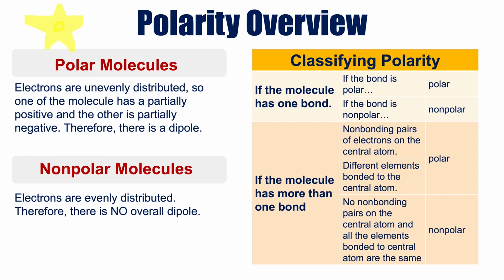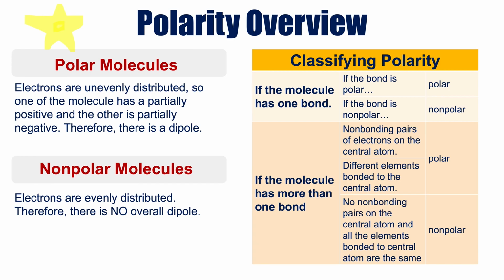So this slide summarizes everything we've looked at today for the polarity of molecules. The first key thing you have to understand is the difference between a polar and a nonpolar molecule. A polar molecule in its three-dimensional structure is going to end up having an uneven distribution of electrons.